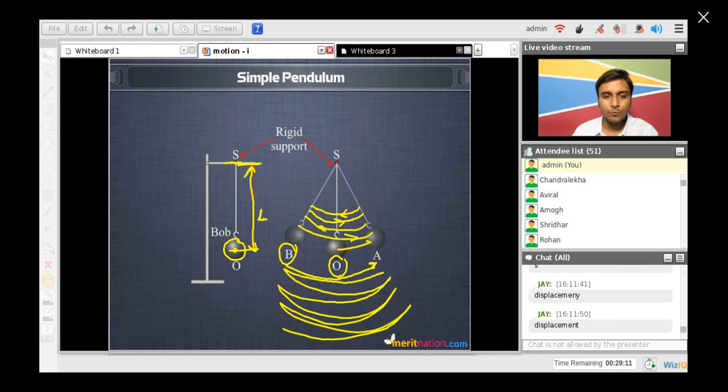This is the back and forth motion of the bob via the mean position. It is always passing through the mean position. This is called periodic motion or oscillatory motion of the bob. This is called oscillation of the bob, basically.